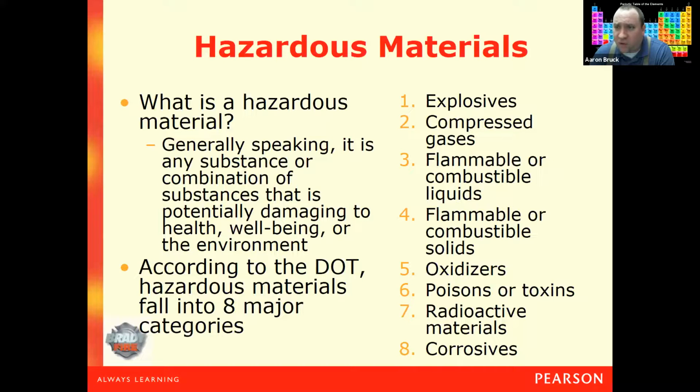So starting with what is called the DOT, the Department of Transportation symbols. You will probably recognize some of these symbols because you will see them out on the streets. You pass by a truck carrying gasoline down the highway, they're going to have a couple of these placards on them.